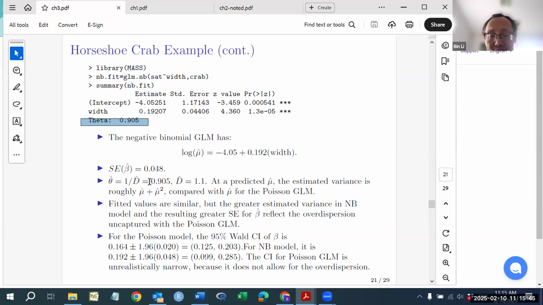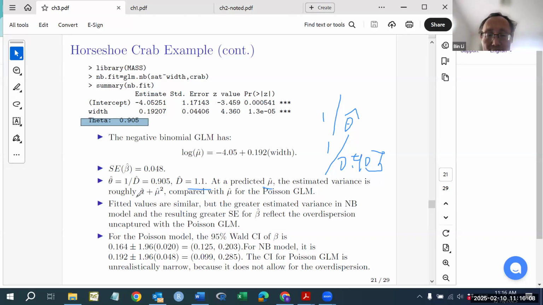That means d is equal to what? d is equal to 1 over theta. Is that right? So that's 1 over 0.905, and that gives 1.1.